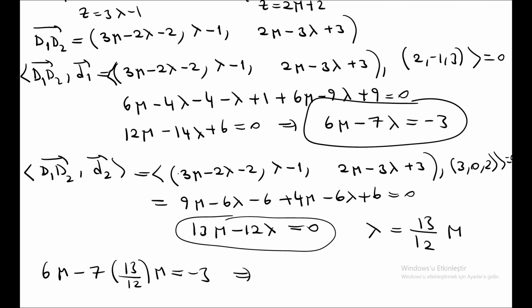So you have this one: 72 minus 91 over 12 mu equals negative 3. So you have mu equals 36 over negative 19. So mu will be this one.